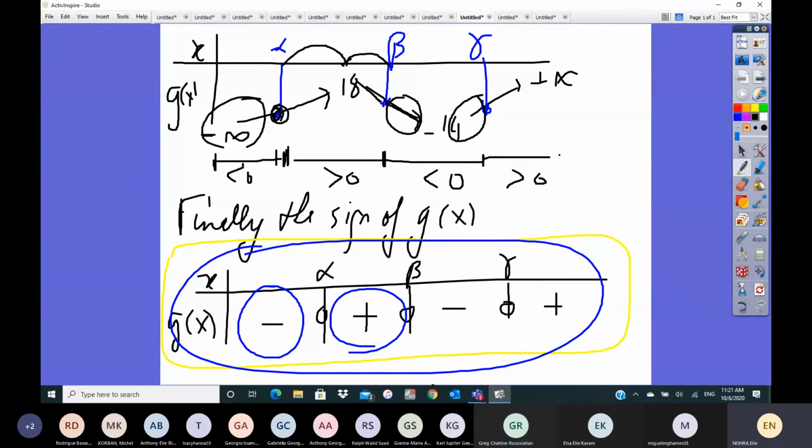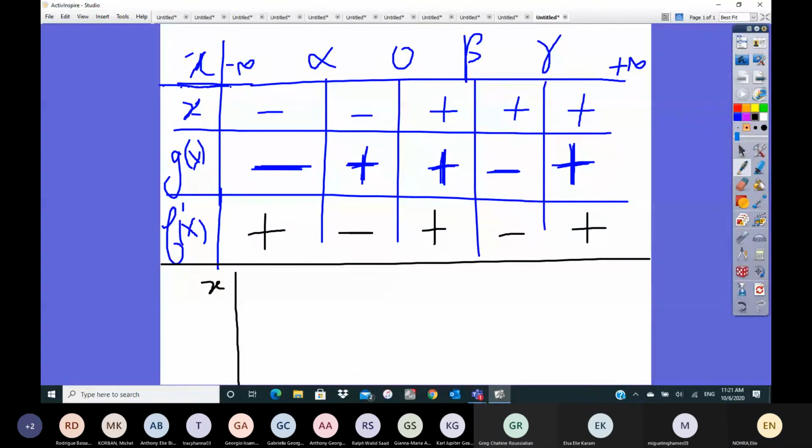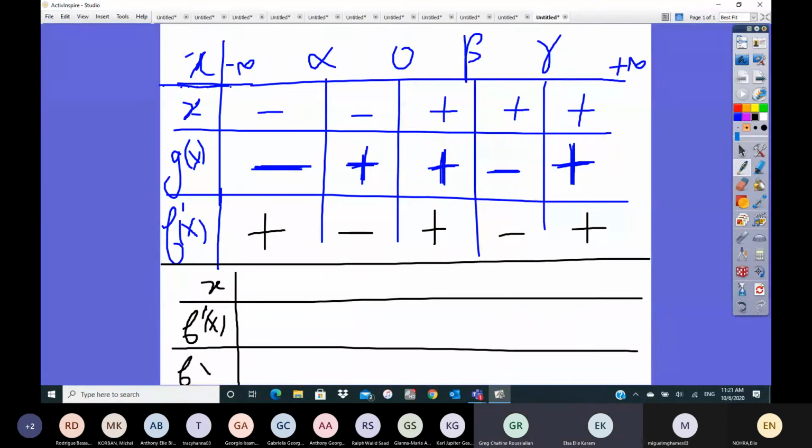Okay, let's continue. So let's do the table of variations now. Don't forget we have the -2 and the 2 to take care of.